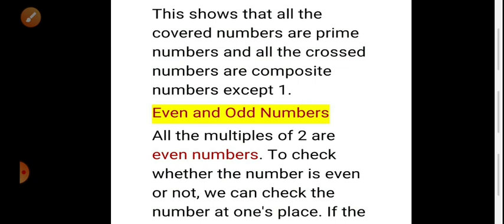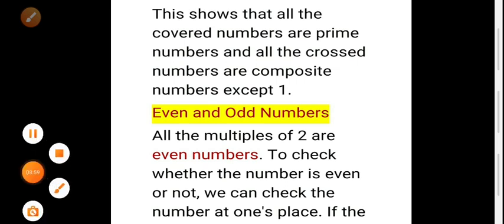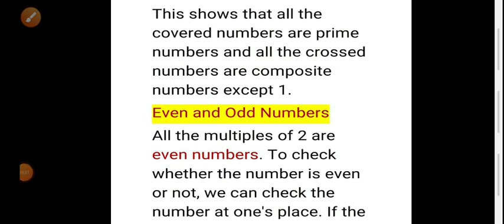Now next is even and odd numbers. All the multiples of 2 are even numbers, and to check whether a number is even or odd, we can check the number at its ones place.